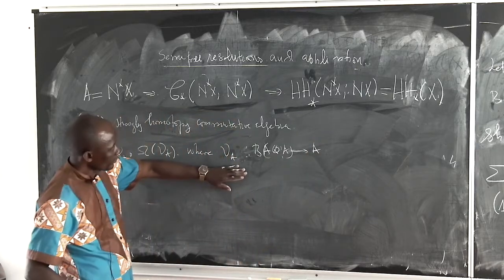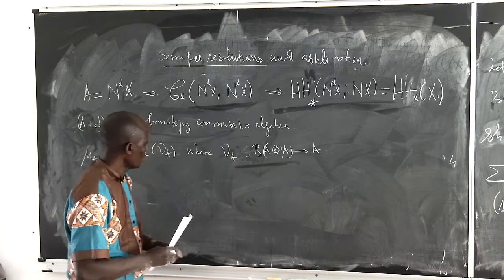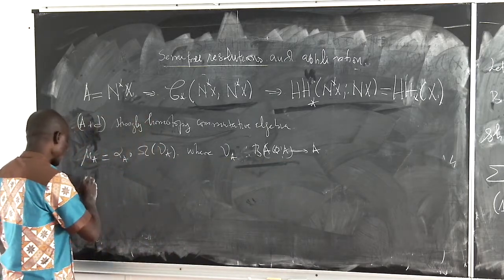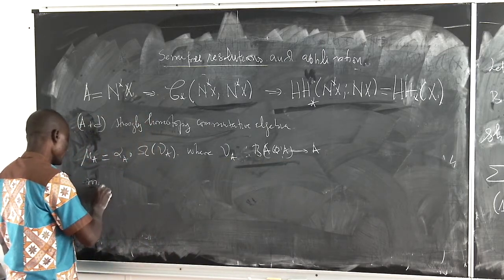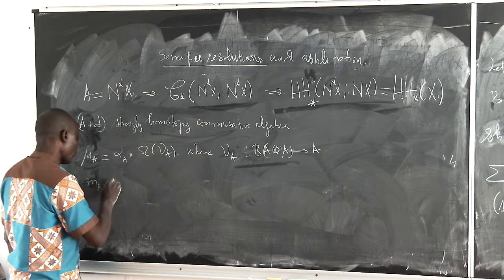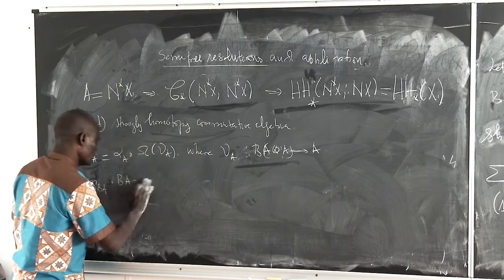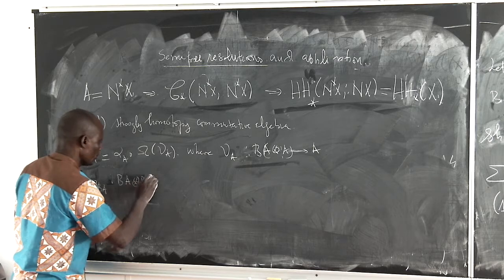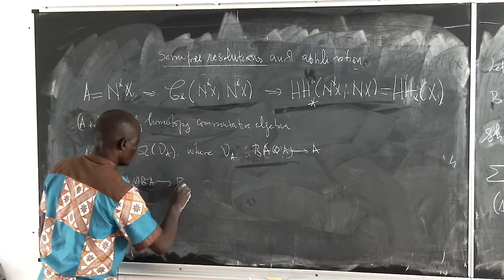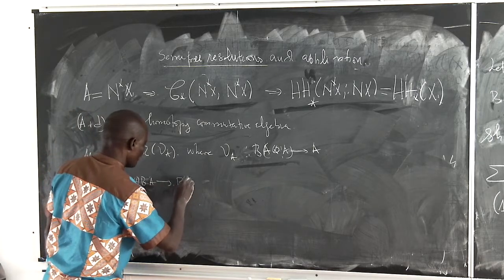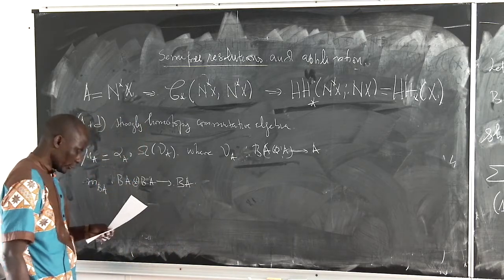So I told you that MBA is a map from BA tensor BA to BA. That's what I told you.